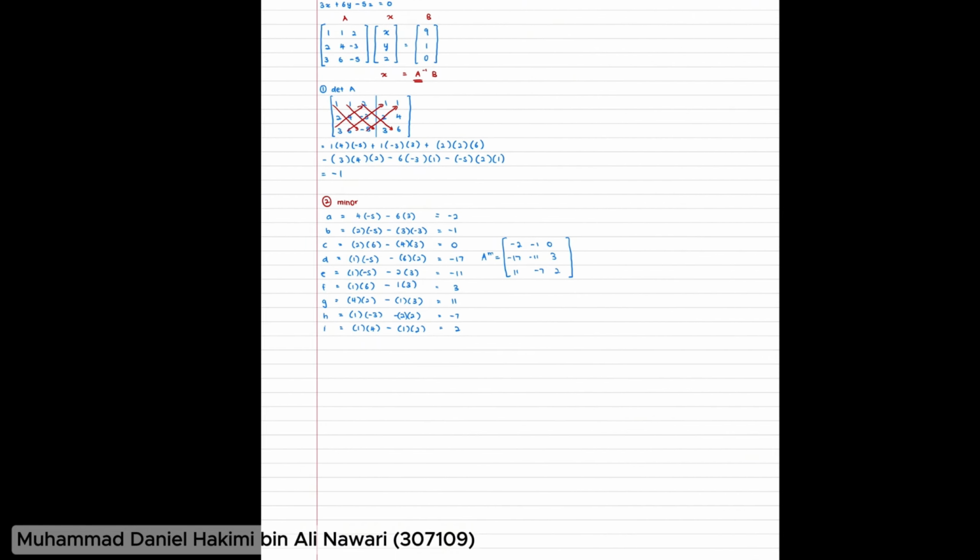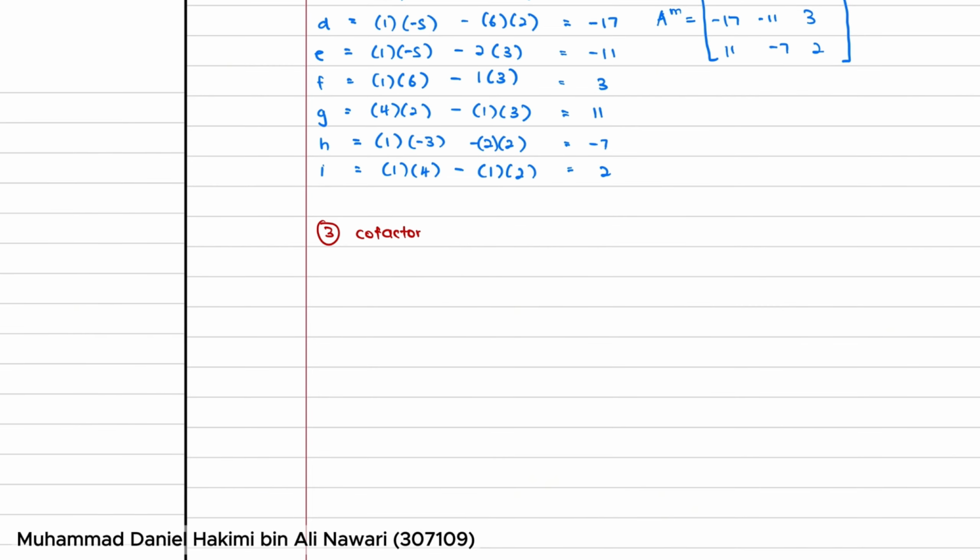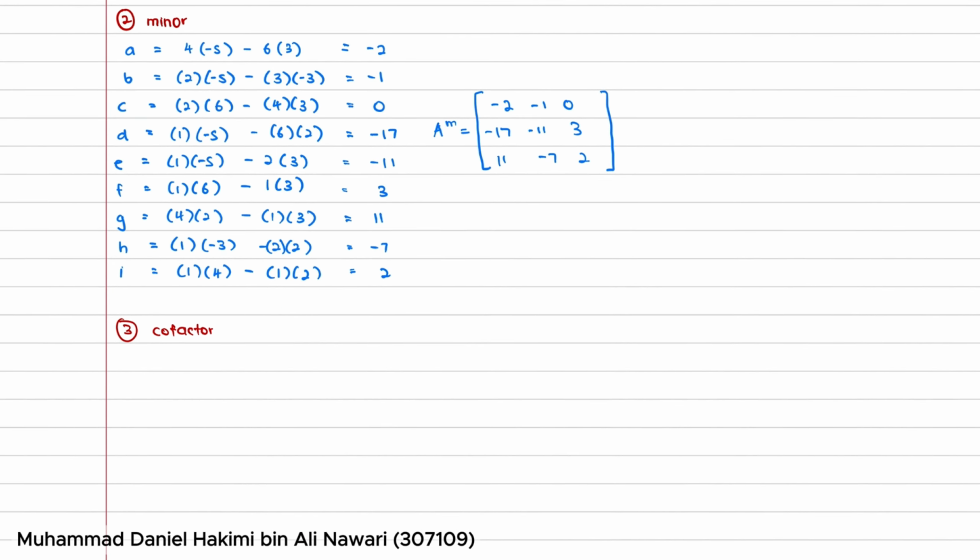And then the third one, we're gonna do cofactor. Cofactor is based on the minor. You just imagine there's a diamond shape for this 3 by 3 matrix, and you just times with negative for each that is on the side of the diamond.